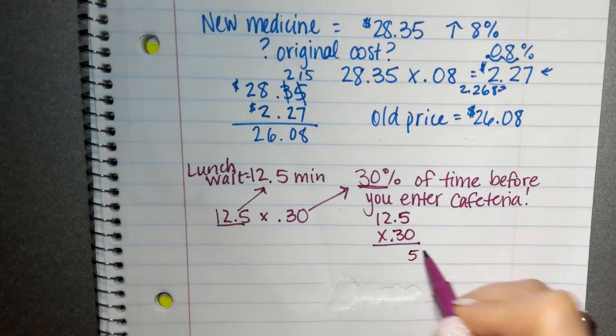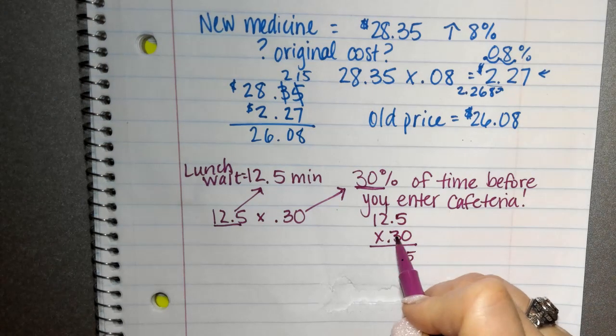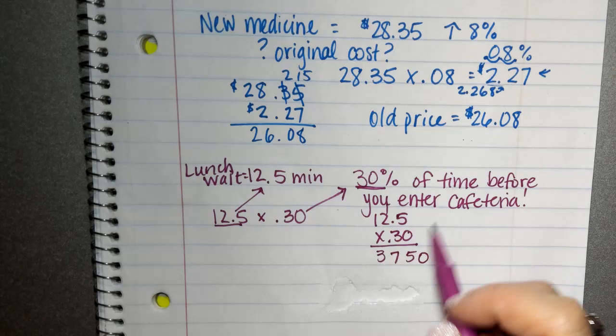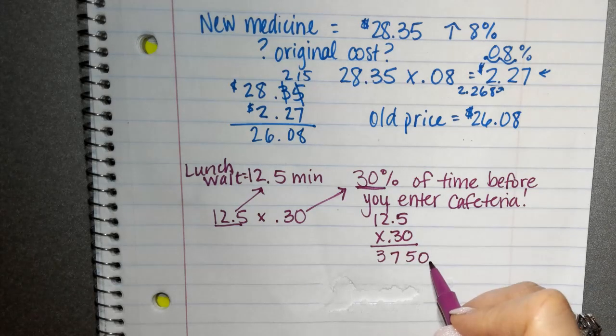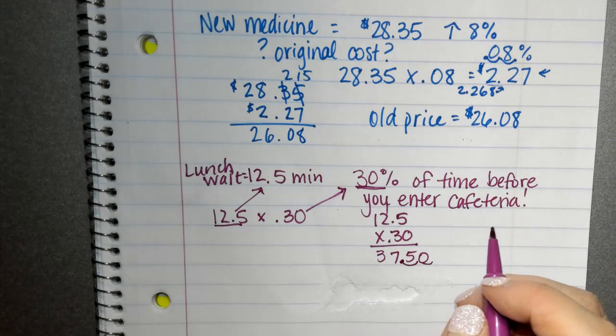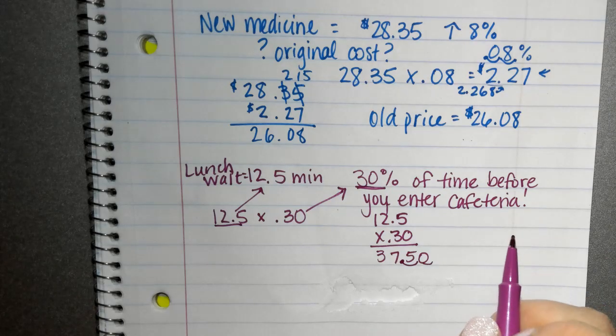Like I did last time, I'm going to wait till the end to add that 0. So I'm just going to multiply by the 3. 5 times 3 is 15. 2 times 3 is 6, plus 1 is 7. 1 times 3 is 3. And then I'm going to add the 0 at the end because it is 30. So 1, 2, 37. Well, that wouldn't be right.